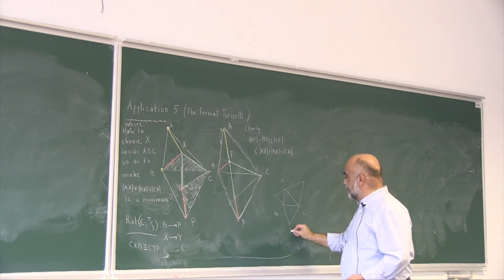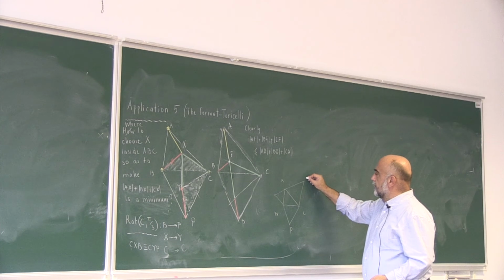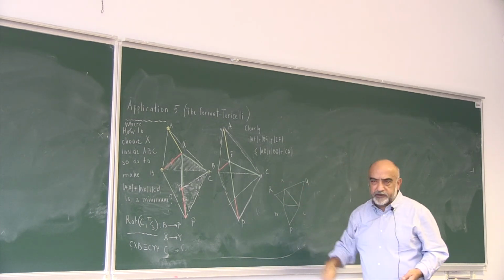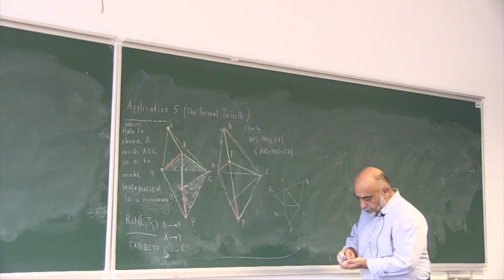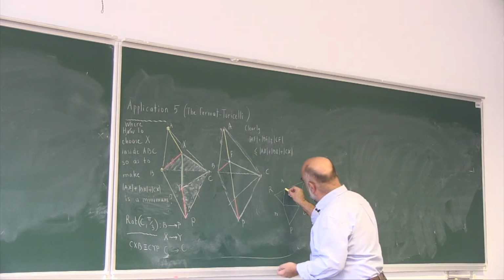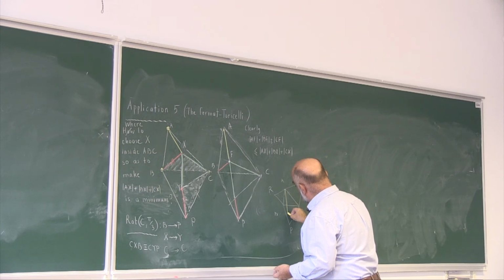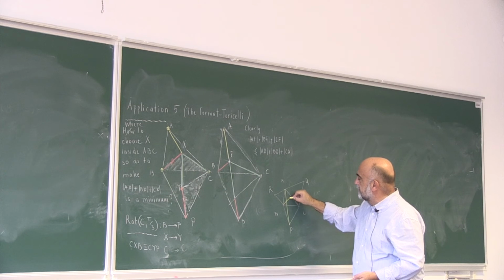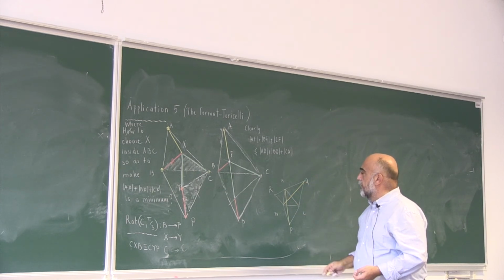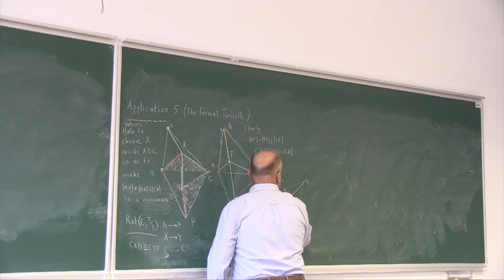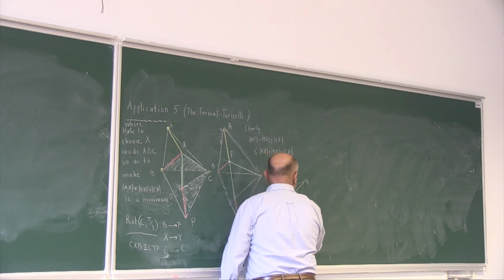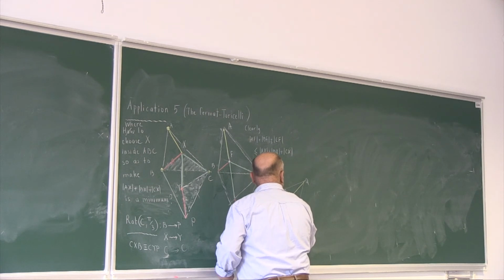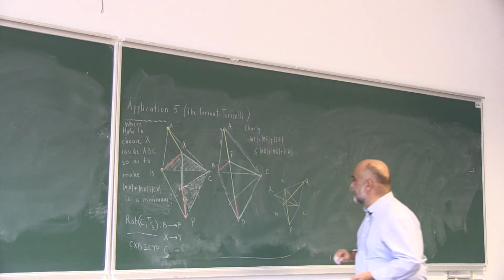Let's call this P, let's call this Q, and let's call this R. So we know that the point F shall be on the line segment AP. It must, by the very same reasoning, also be on the straight line BQ, and it must also be on the straight line CR. So these three lines must have a common point. They must be concurrent.